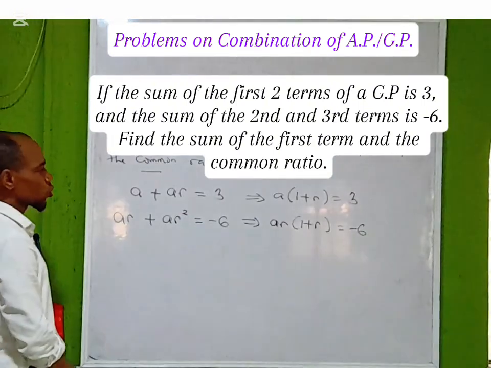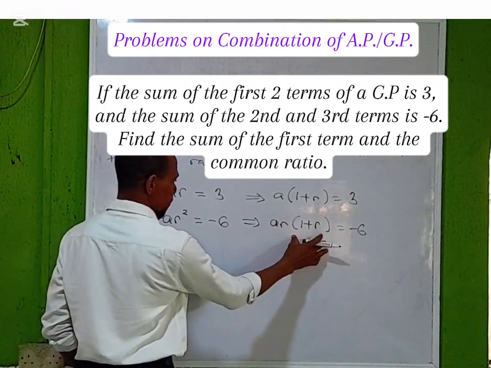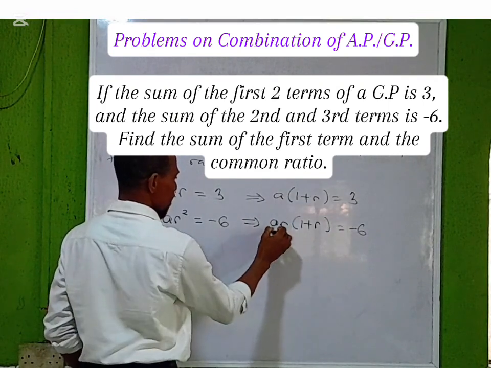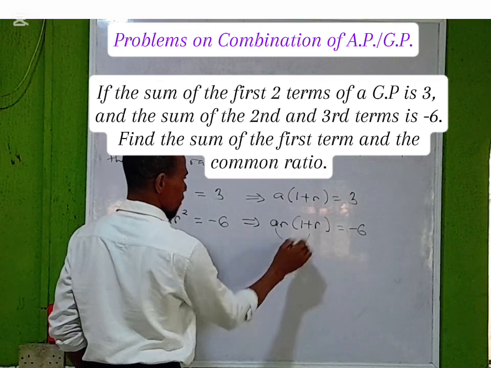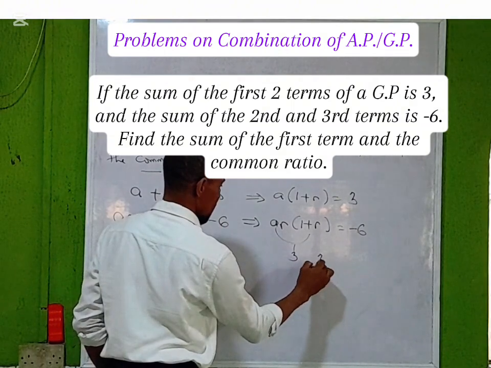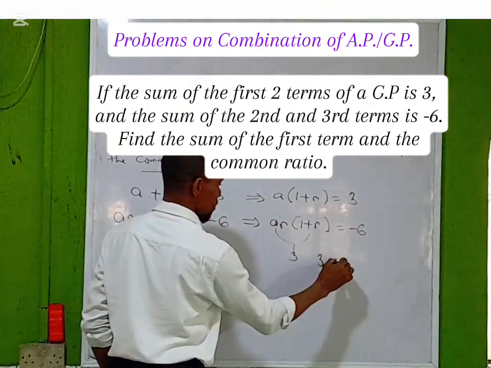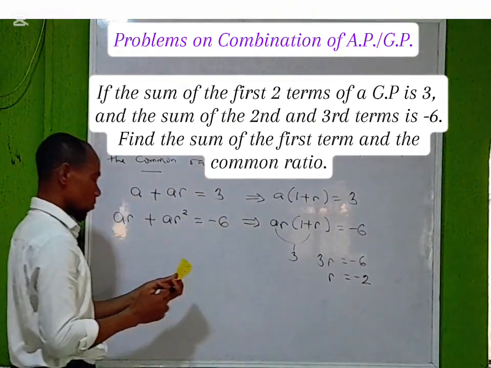So we can make use of the fact that A times (1 plus R) is 3, so this part alone is 3 in the second statement. That translates to only R and 3 left, that's 3 times R, because A times (1 plus R) is 3. Then 3R equals -6. Therefore, R equals -2.